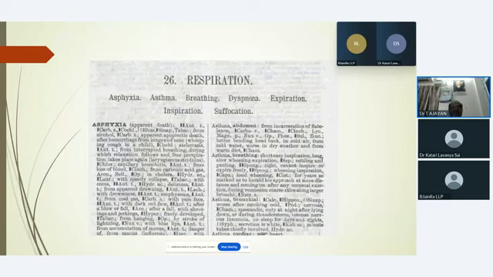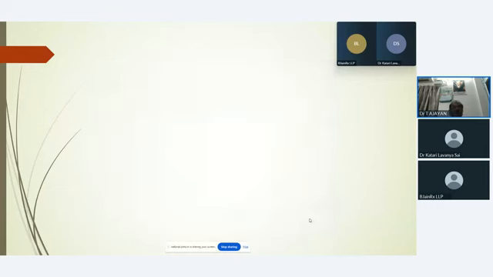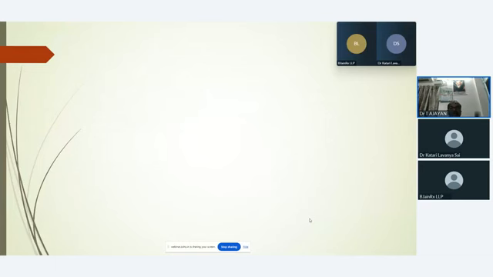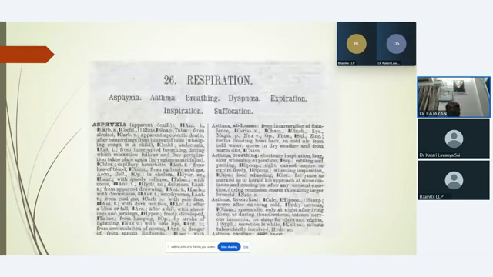Here the section is asthma: asthma bronchial, asthma breathing. Listen, one of the advantages. Each page is divided into 2 columns. The section word is repeated down the column till the end of that section, before each rubric, to avoid confusion. So look here, 2 sections are there. Before the sub-rubric, that section is also mentioned. Therefore, while reading, there is no confusion.